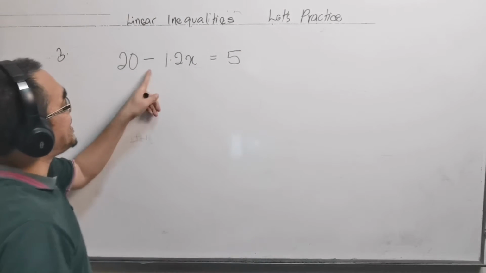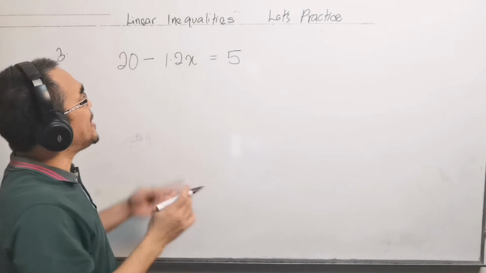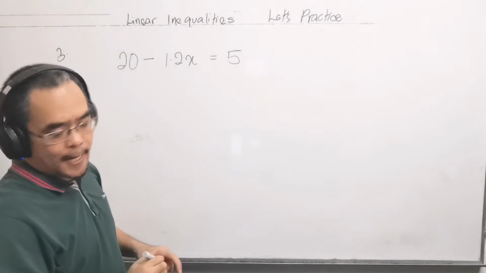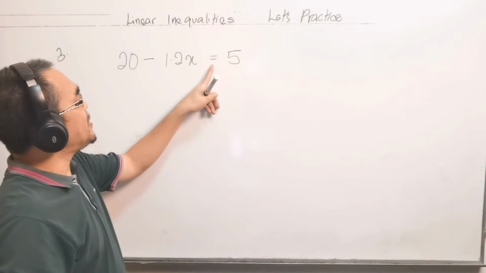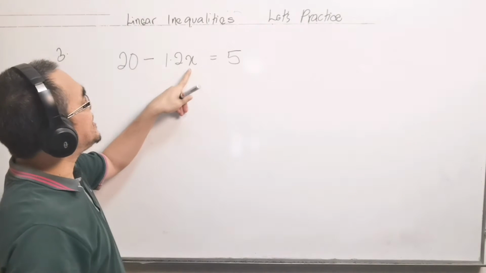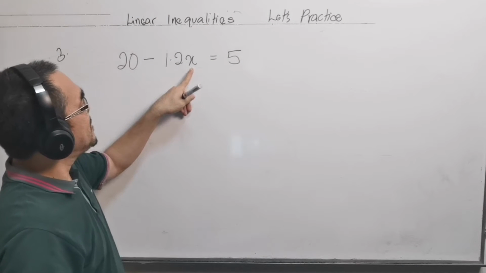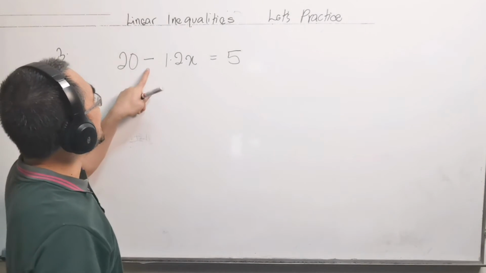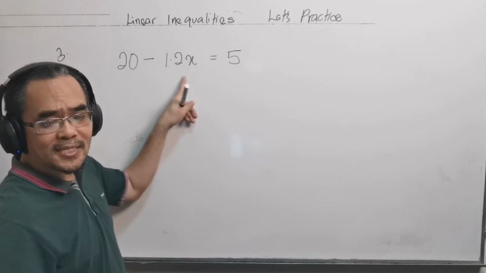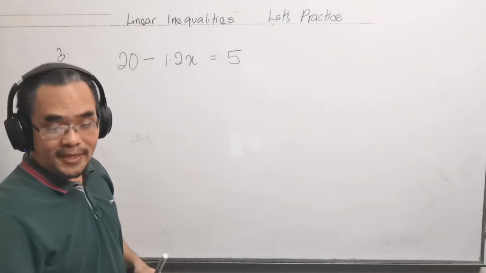5. Let's say for example x is 5, so 1.2 times 5 will be 6 ringgit. Then 20 minus 6 will be 14.